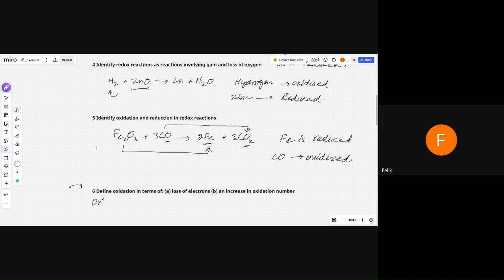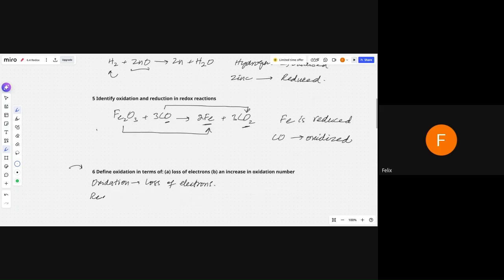So oxidation is loss of electrons, and reduction is the gain of electrons, right? So I hope this is clear.